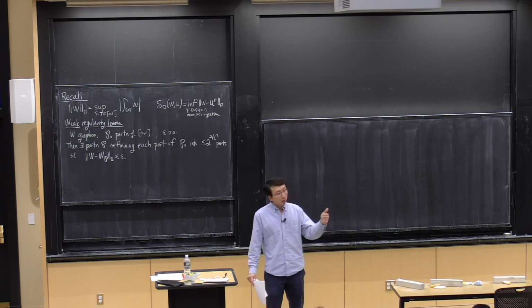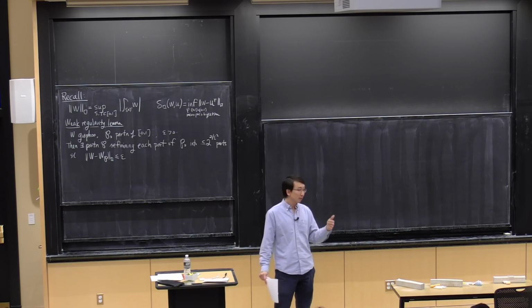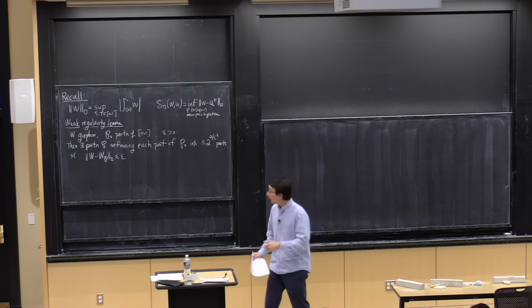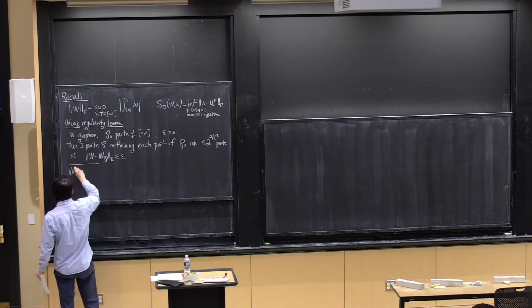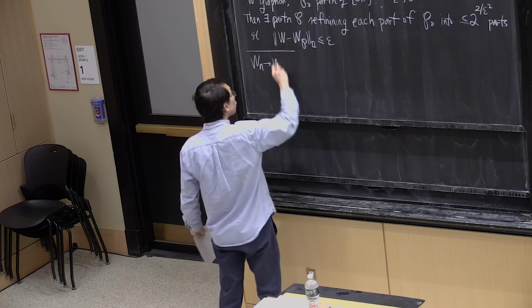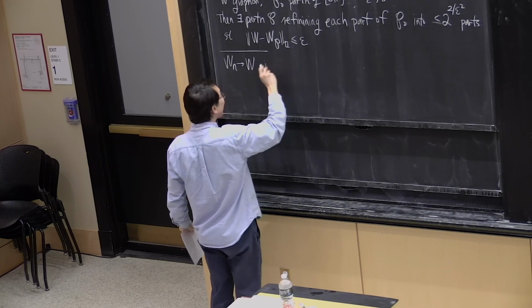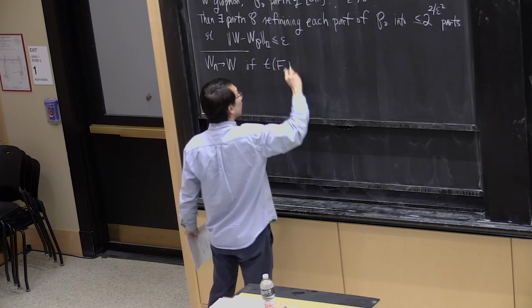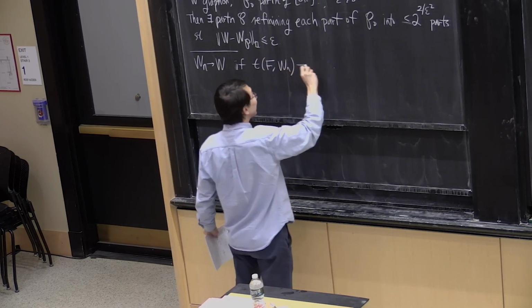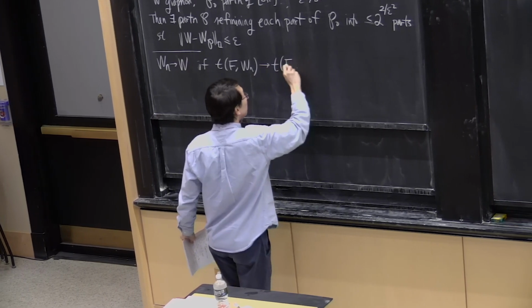Okay. So let me recall what were the three main theorems that we stated at the end of two lectures ago. One of them was the equivalence of convergence. On one hand, we defined a notion of convergence where we say that Wn approaches W by definition if the F densities converge.